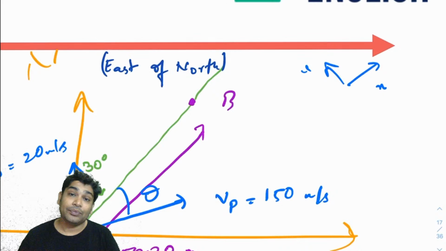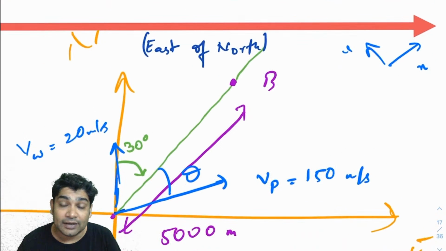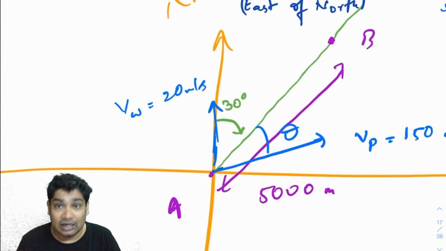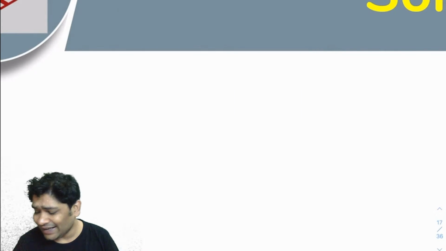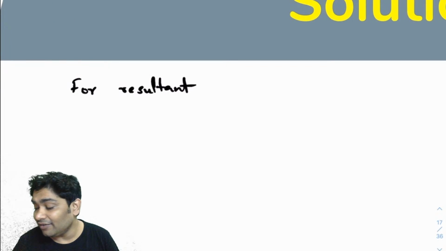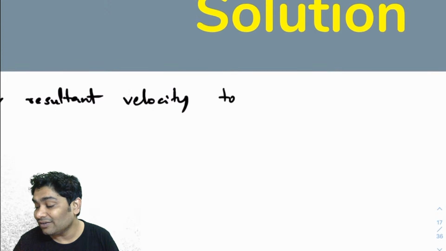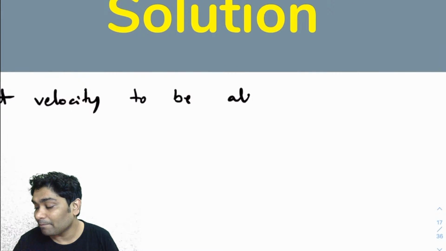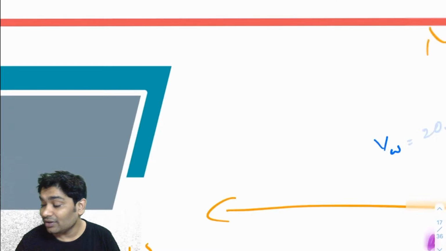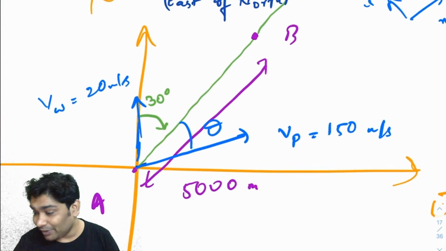All right, now you know that if you want to reach from A to B, then all your velocity should be along x only, which means your y velocity should be 0. So now I can easily write for resultant velocity. For resultant velocity to be along line AB, what you need to do is break both these velocities into two components.